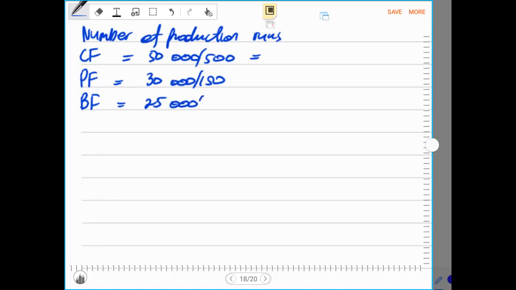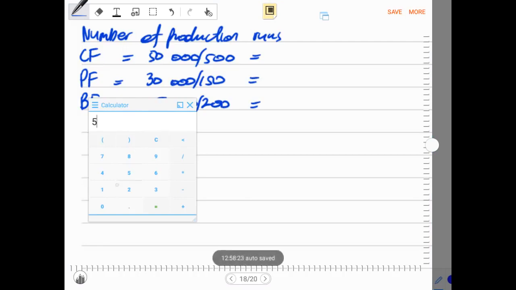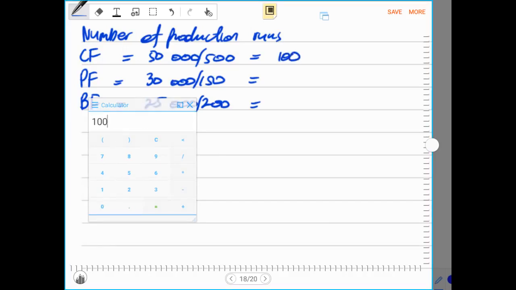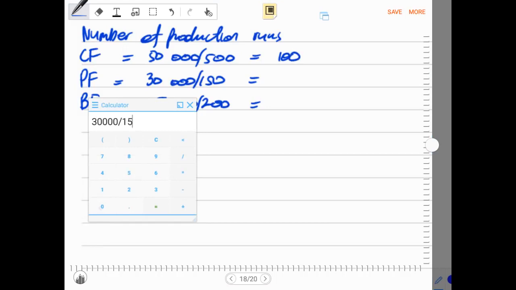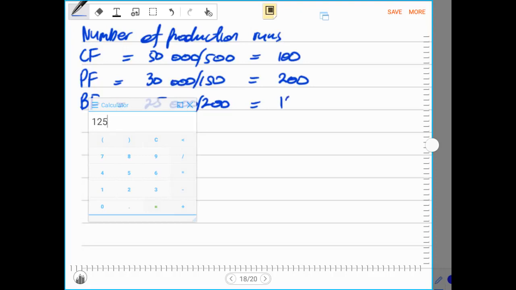BF is 25,000, divide this by 200. 50,000 divided by 500 is 100 runs. 30,000 divided by 150 is 200. 25,000 divided by 200 is 125.